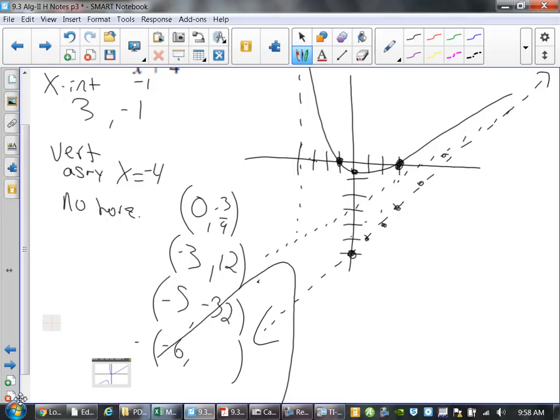All right. Let's do another one. I just didn't do the -5 and -6 because I want to do more examples. Sometimes the y-intercept is a nice easy point to find, that's all.